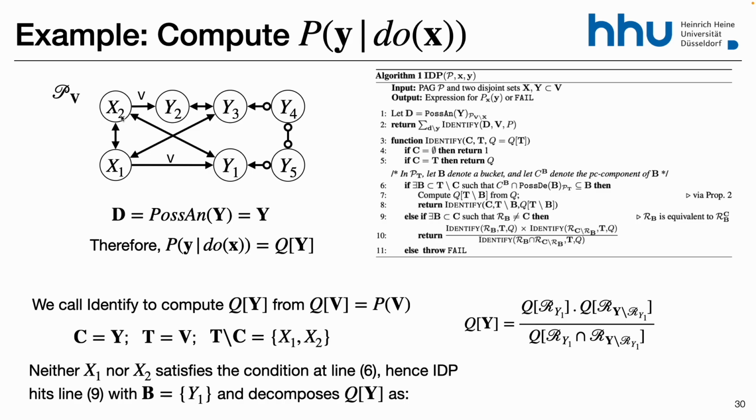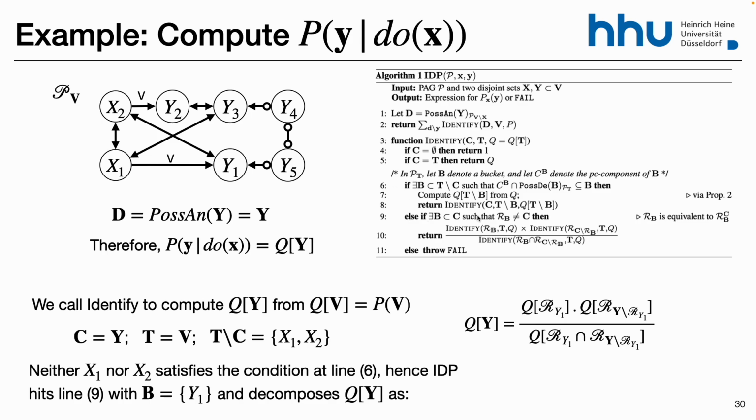If I do the same for X2, I have this descendant Y2, which is part of its PC component. So neither of them satisfies the condition on line 6.